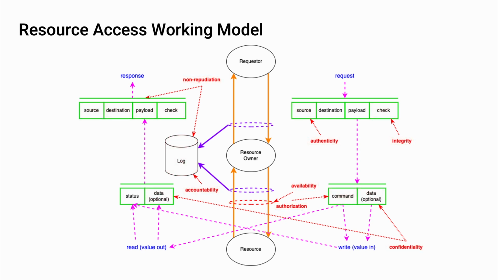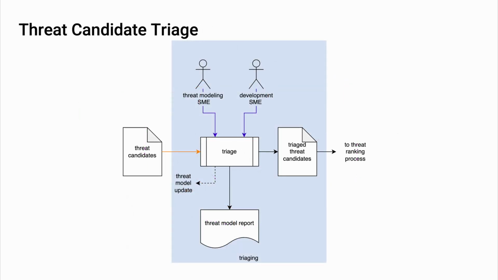It's important to keep in mind that not all cybersecurity requirements, like controls, can be reasoned upon within the context of threat modeling. The final activity in the threat modeling workflow is that of triaging. The threat modeling and development SMEs review each of the threat candidates and determine whether they're valid.